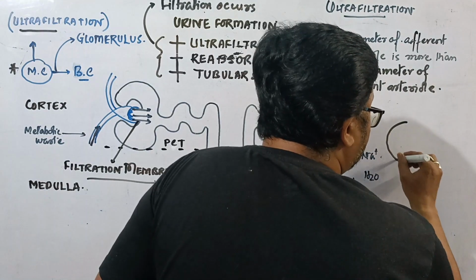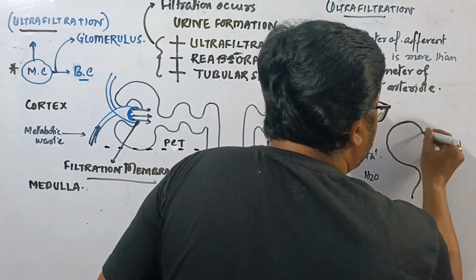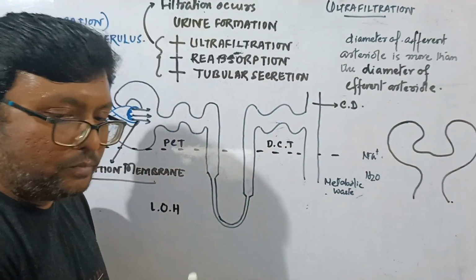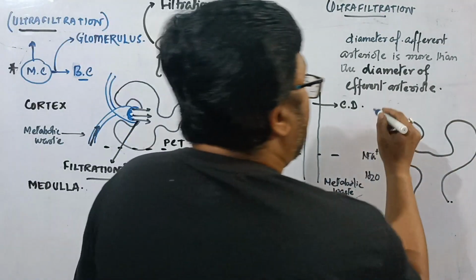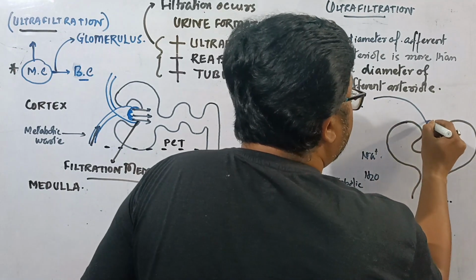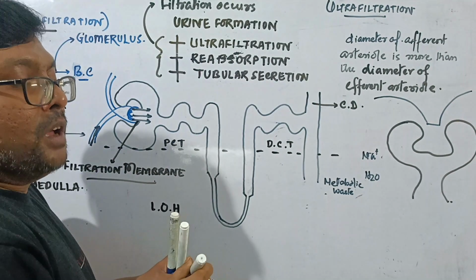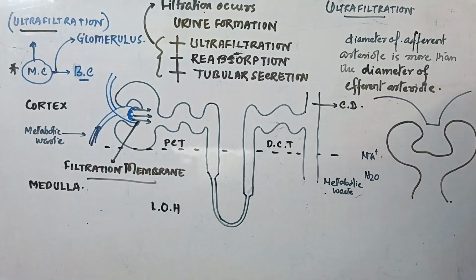এই হচ্ছে Bowman's capsule, and this is, let this be afferent arteriole. Okay, just wait a second.